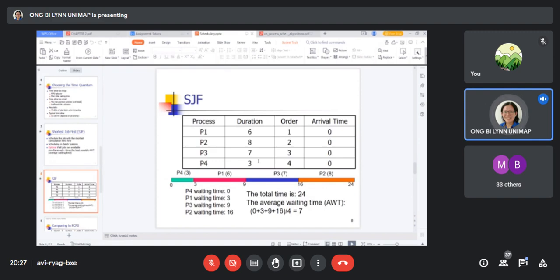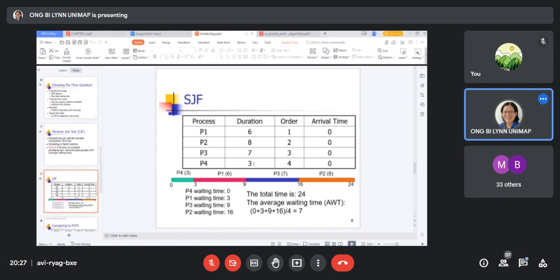In shortest job first, although your processes come in the order of 1, 2, 3, 4, you are not going to consider that because all these processes arrive at time 0, 0, 0. So what we are going to consider is the durations. The shortest durations will go into the queue first.